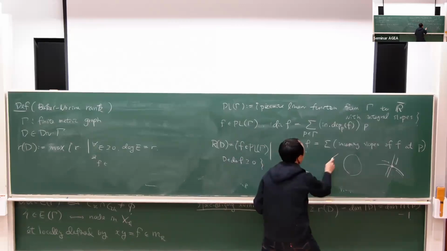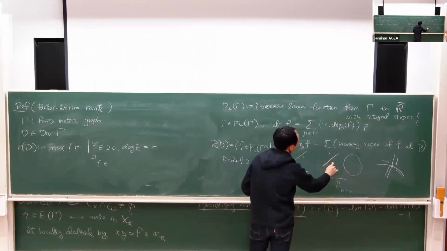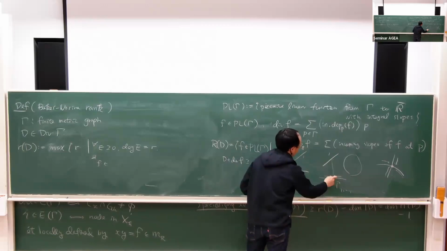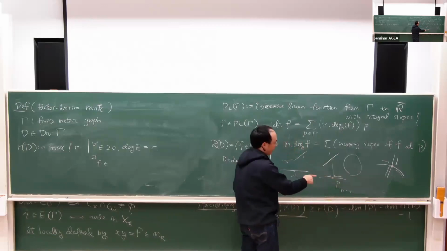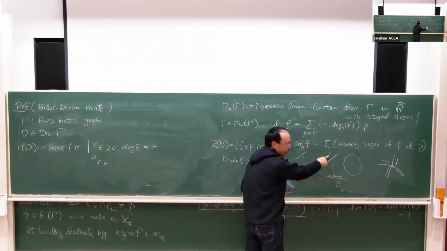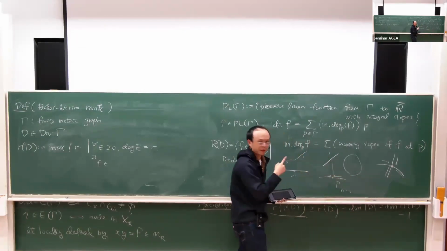Because if you have a linear function and a point P here, let's say it has slope 1. On a graph you have 2 edges going into this point. If you choose this direction, you get slope 1. But if you choose this incoming direction, the slope becomes -1, right?